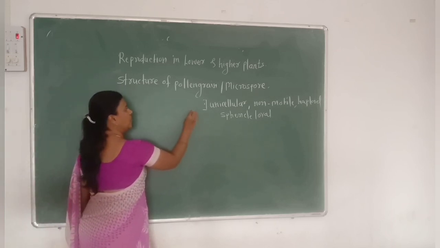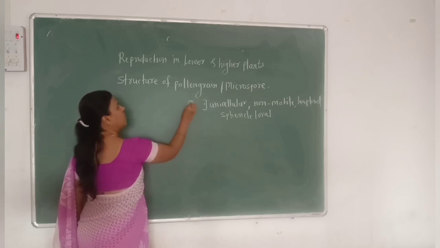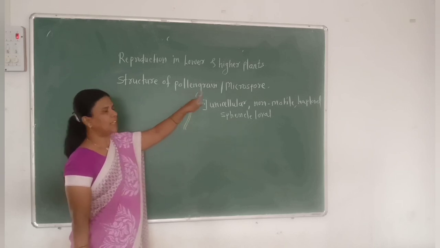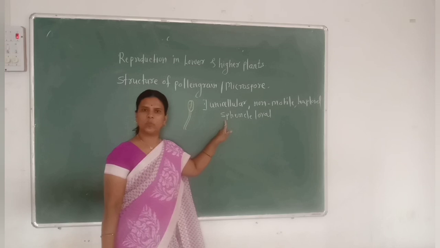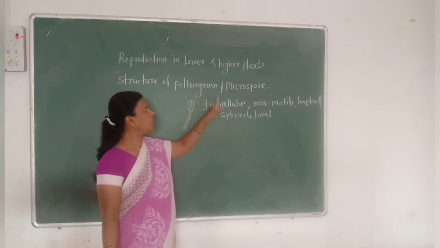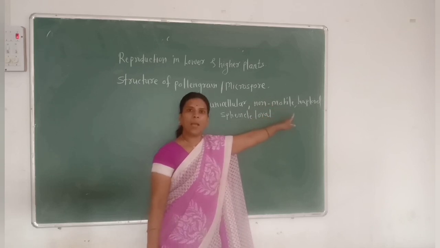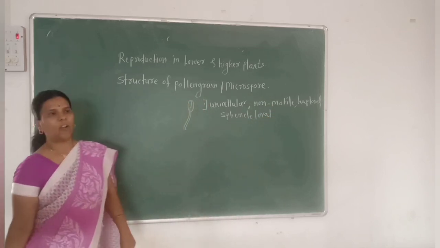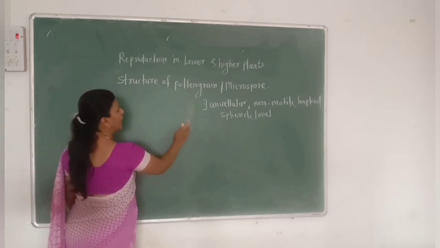As we know, this is the structure of stamen in which the fertile part is called the anther, and in this anther pollen grains or microspores are developed. So we define microspores as microspores or pollen grains. They are unicellular, non-motile, haploid, spherical or oval structures mainly developed in the fertile part of the stamen, that is called the anther.